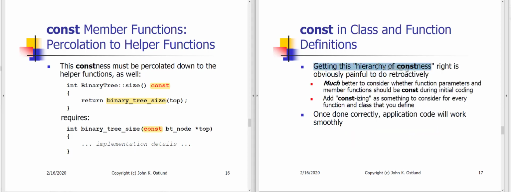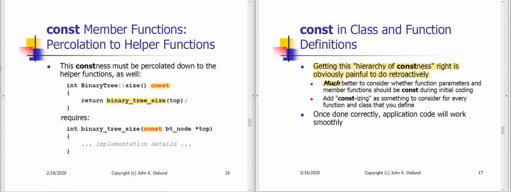Okay, so you can see with all of this downward percolation that adding constness to a class is not something you want to do after the fact. That is, if you have defined a class and the member functions in that class use various helper functions and so on, and then you come along and decide after the fact which ones of those member functions ought to be const, you're going to have to traverse down through the whole tree of code and make all of the functions that those member functions depend on also promise not to modify the object.